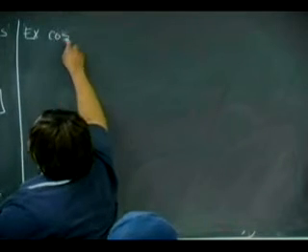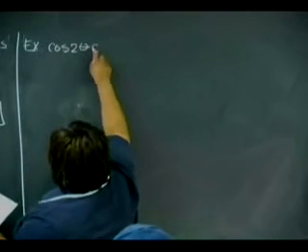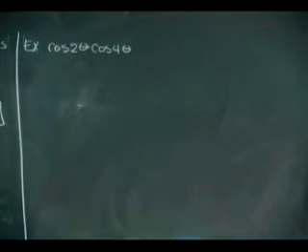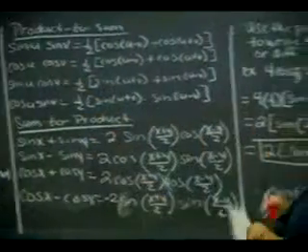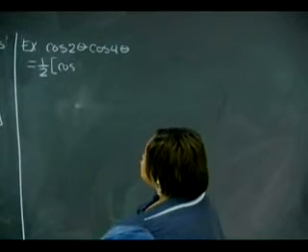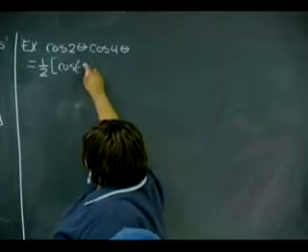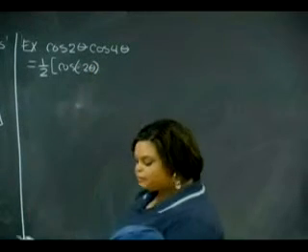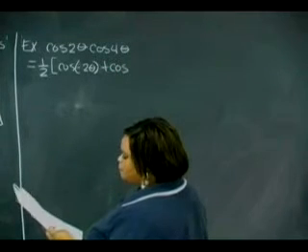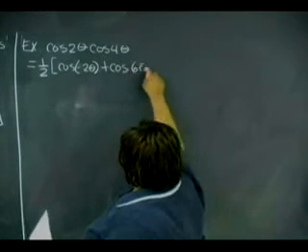The next problem, same directions. We have cosine 2 theta times cosine 4 theta. So which one are we using now? Cosine u, cosine v, right? So this is 1/2 times cosine of u minus v, 2 theta minus 4 theta, which is negative 2 theta, plus cosine of u plus v, which is 6 theta.